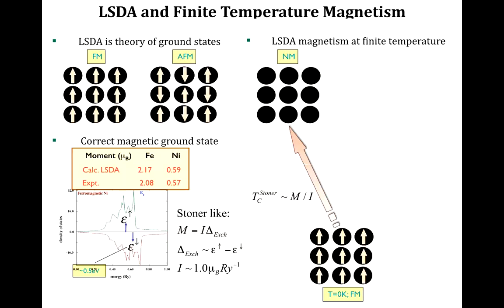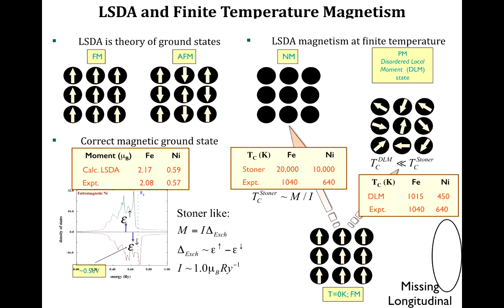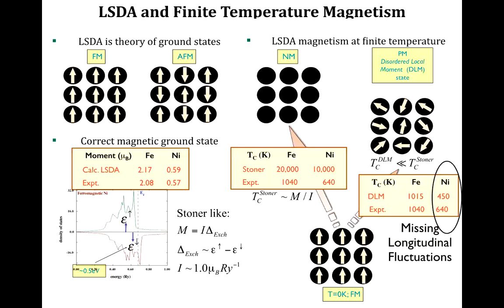The exchange interaction that actually forms the moments would suggest a transition temperature that is orders of magnitude too large. What actually happens is the moments don't vanish, but they disorder. And this then gives a transition temperature that, at least for iron, is in very good agreement with experiment. For nickel, we are not that good.